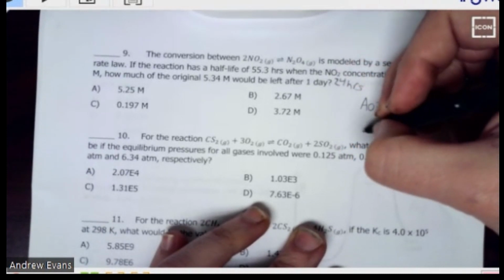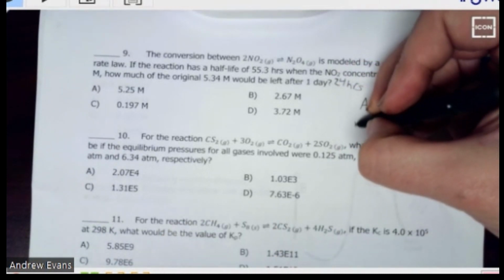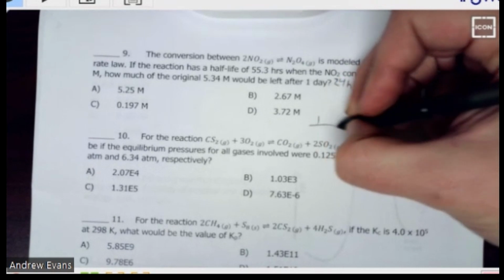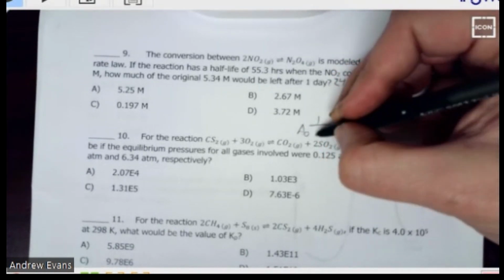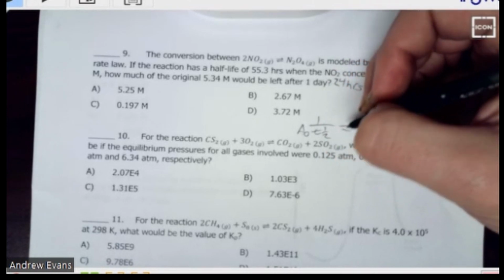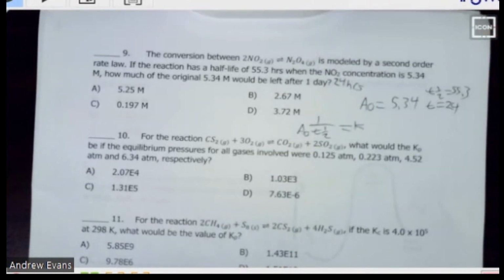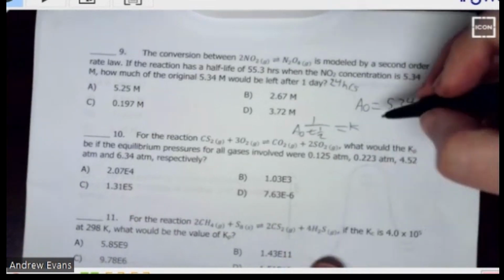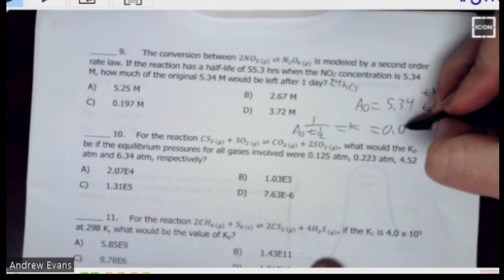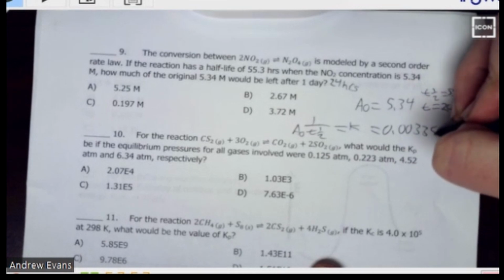So I think k is equal to 1 over A sub 0 times T1/2. So you start with that, say 1 over 5.34 and 55.3. Get k is equal to 0.003386.